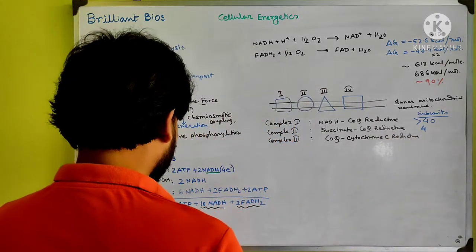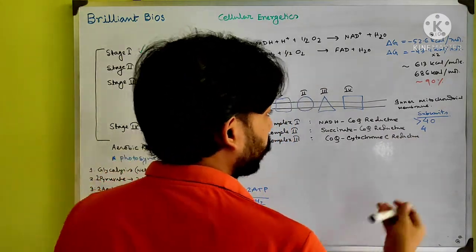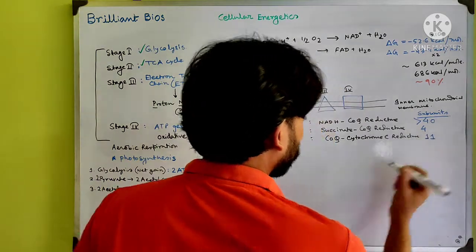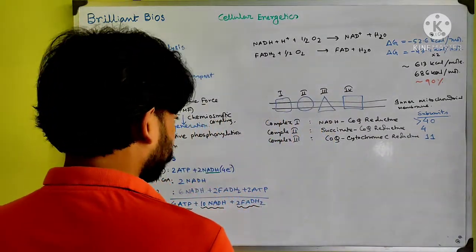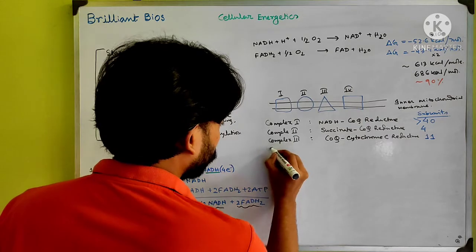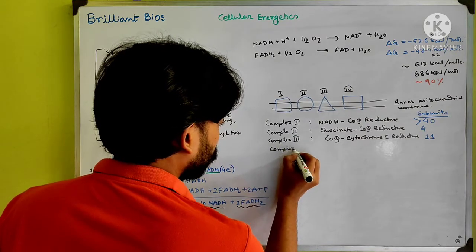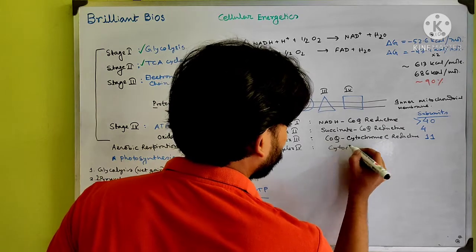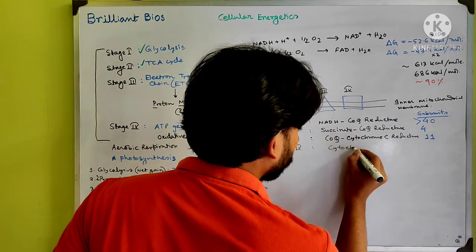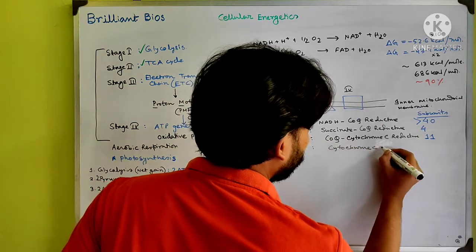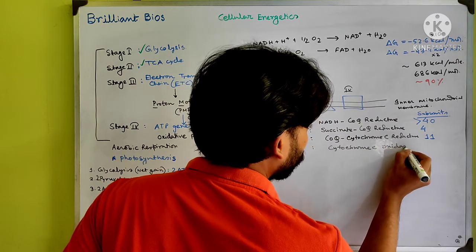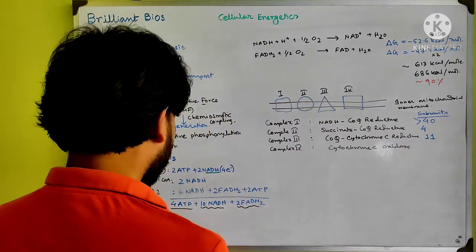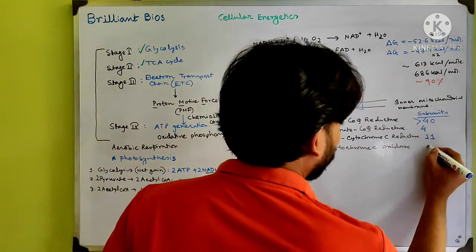It has 11 subunits. And complex 4 is known as cytochrome C oxidase, and contains 13 subunits.